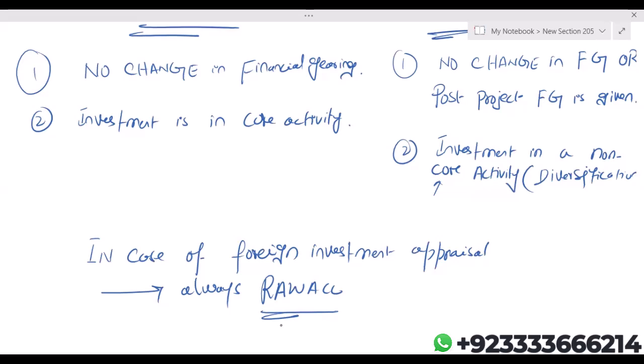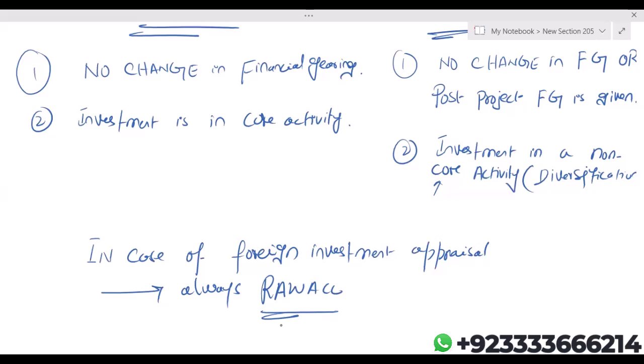Now, if the same question comes now, how will I get 1 professional mark for professional skepticism? Simply, you are supposed to write that there should have been a risk adjusted WACC rather than the current cost of capital. For foreign investment appraisal, risk adjusted WACC is suitable rather than the current cost of capital. It's up to you how you put that into words.